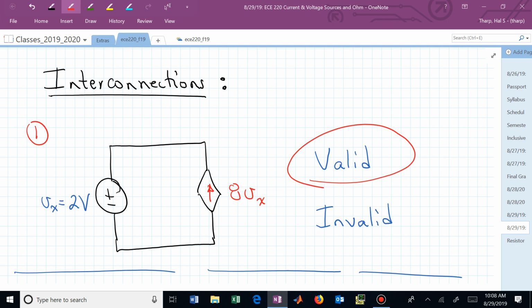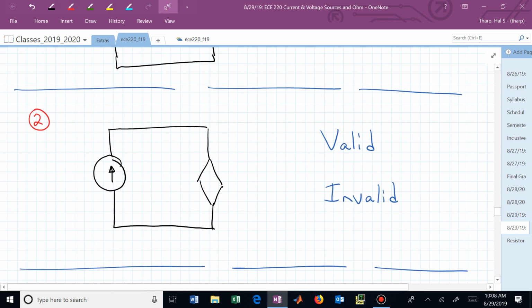What about the next one? Suppose now I sub x is 1 amp, and this is 5 I sub x. Valid or invalid? Are these consistent?